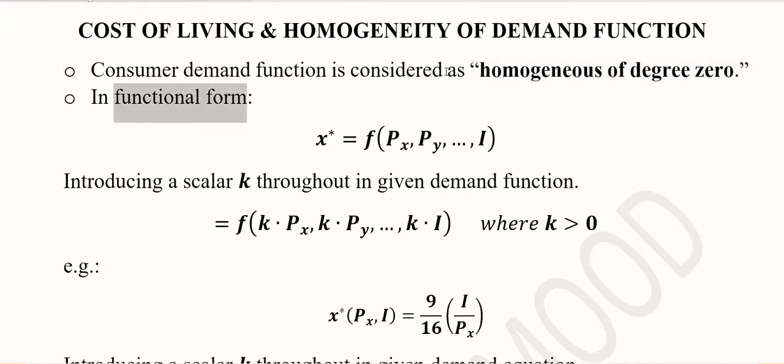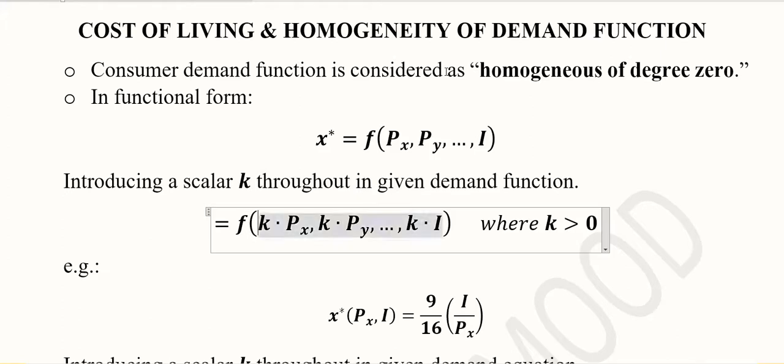The functional form of a demand function is as it is. As you can see, this is the standard form of it, that is, it depends on the price, the price of some related good, and the income, among other variables or prices. In the process of finding out the degree of homogeneity, we introduce a scalar, and that scalar is k, for example, the symbol throughout in this given demand function.